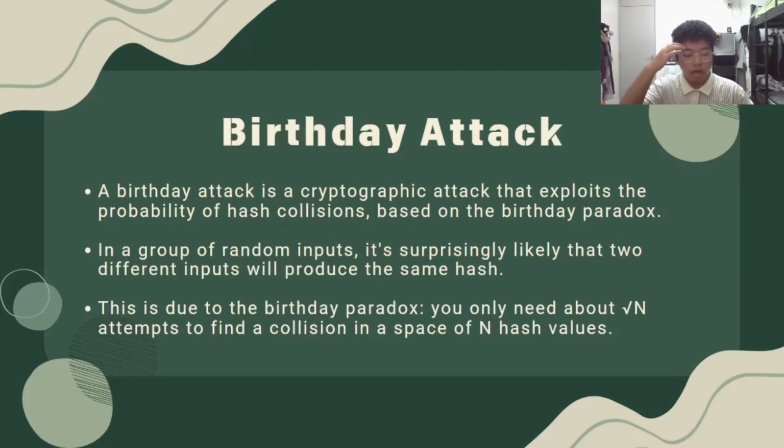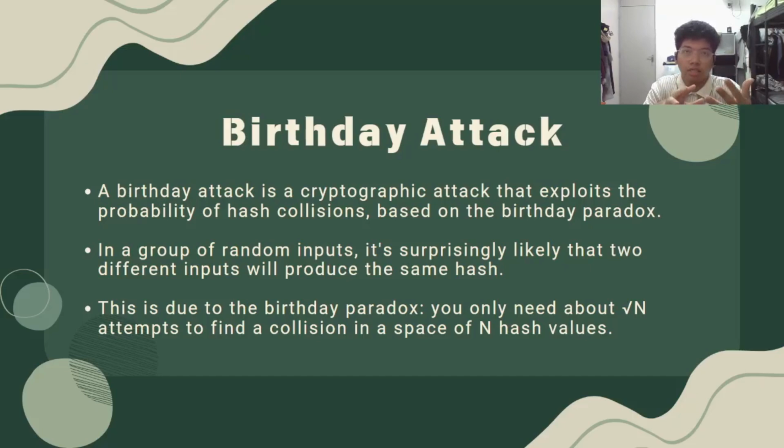So, I will be explaining about birthday attack. What is birthday attack? It is a cryptographic attack that exploits the probability of hash collision based on the birthday paradox. In a group of random inputs, it is surprisingly likely that two different inputs will produce the same hash.